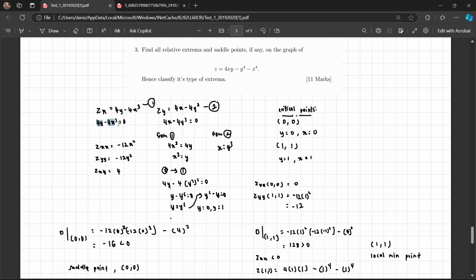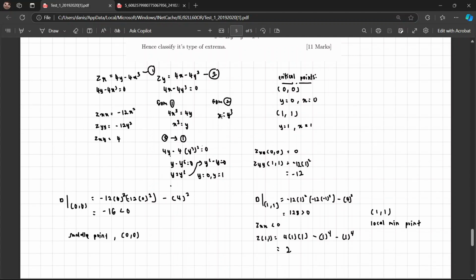Then from the equations, we solve simultaneously to find the critical points. So we get x equals y cubed, and y equals 0 and y equals 1. So we know that the critical points are (0, 0) and (1, 1).